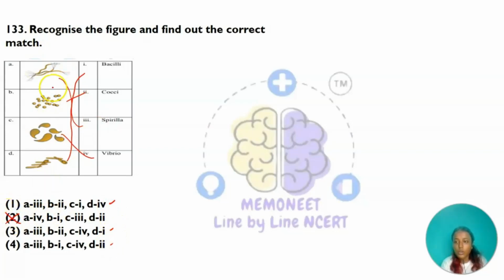We can discard 2. Let's move on to the next one, B with 2. I can see only one option, which means we can discard option 4. Now we have 2 options to choose from. Let's look at the next one, C with 4. I can see only one option, which is option 3. So the correct answer to this question is option 3 right here.